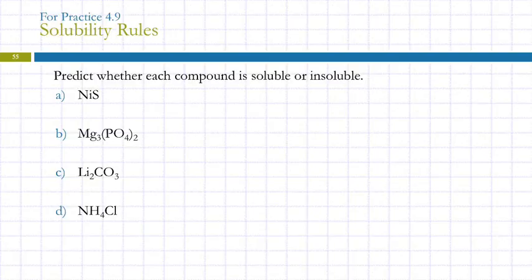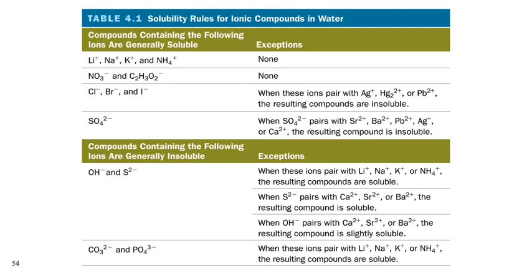We should be able to do things like this, predict whether each compound is soluble or insoluble. So here we have nickel sulfide. So we mentally go down the list. Okay, so we probably don't have that firmly in our mental picture gallery yet. Well, we're looking for nickel and sulfide. Nothing there, nothing here, nothing here, nothing there. Here's the first one we come to where we've got one of the ions in our compound.